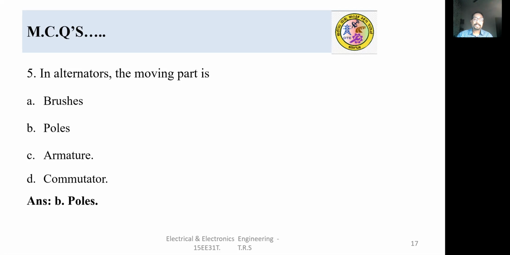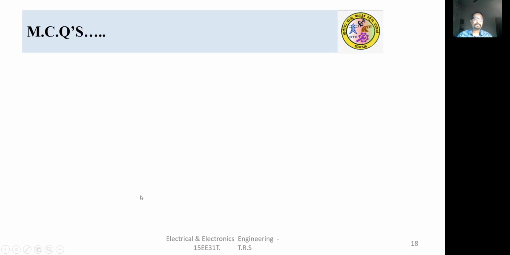Poles are the moving part. That is, the magnetic system is the moving one, hence it is called a rotor. Magnetic system is nothing but poles. Instead of poles, the option may also be the magnetic system. Hence answer B is the right one.